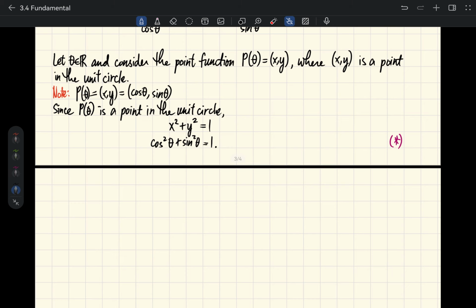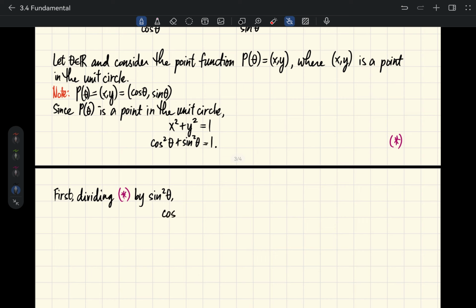From this one, we can do two things. First is divide both sides by sine squared theta. And second, we can divide both sides by cosine squared theta. So let's do them. First, dividing star by sine squared theta, what do we get?